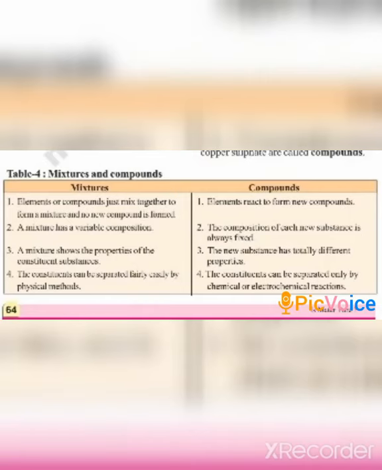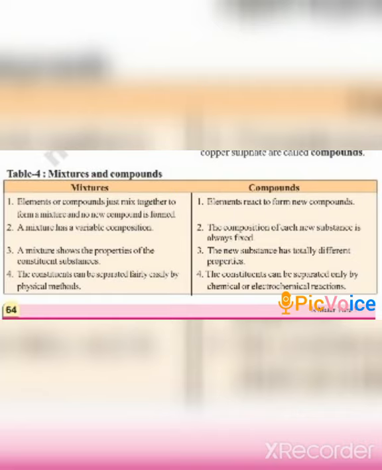Look at the image. These are some of the basic differences between mixtures and compounds. The elements or compounds in a mixture are generally mixed together to form a mixture, and they don't form new compounds.